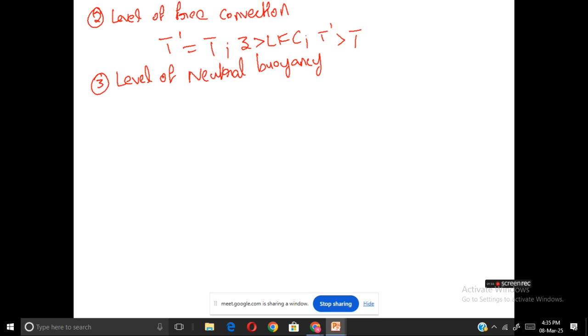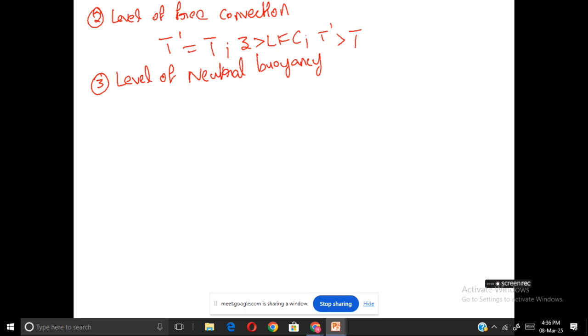There are three levels in the atmosphere. The first is the lifting condensation level, the level at which the parcel acquires saturation. Above it, the parcel starts condensing, and an additional supply of energy in the form of latent heat of condensation is supplied to the parcel.